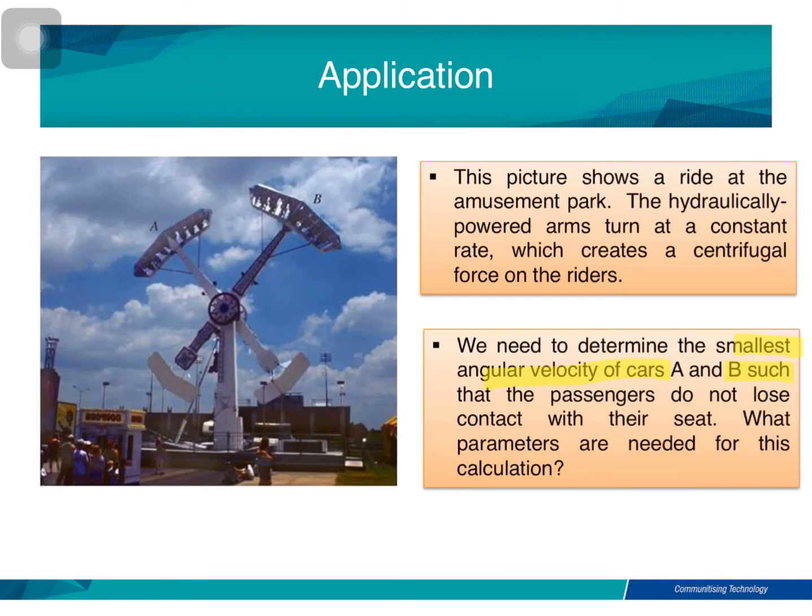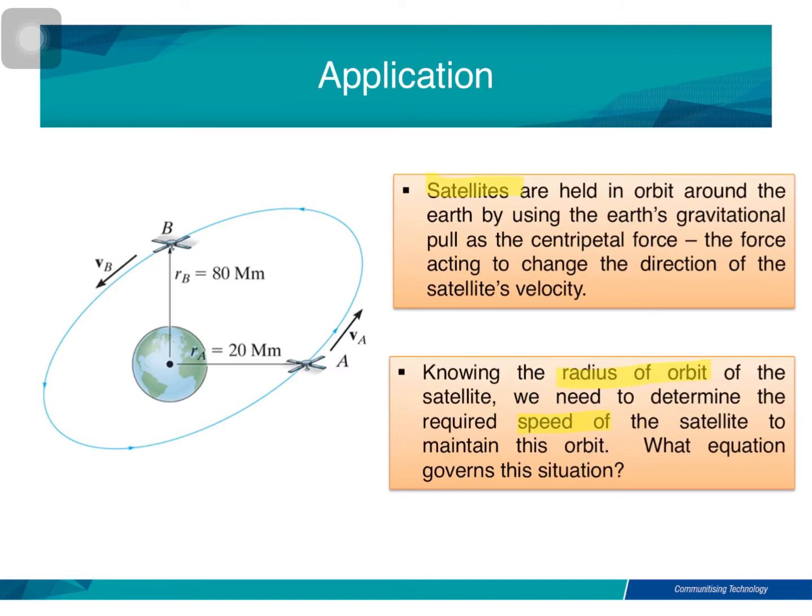The next application, we can get the velocity of these cars at A and B. Another application is a satellite held in orbit around the earth by gravity, and we want to calculate the speed of this satellite.